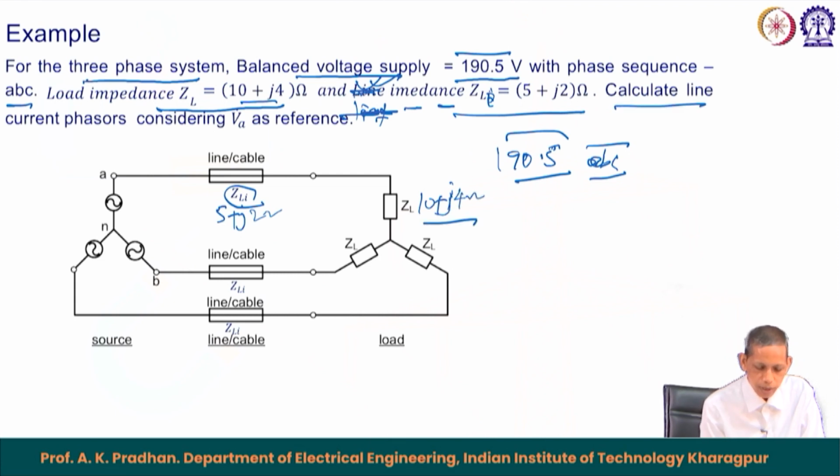The question is to calculate the line current phasors considering V A as reference.